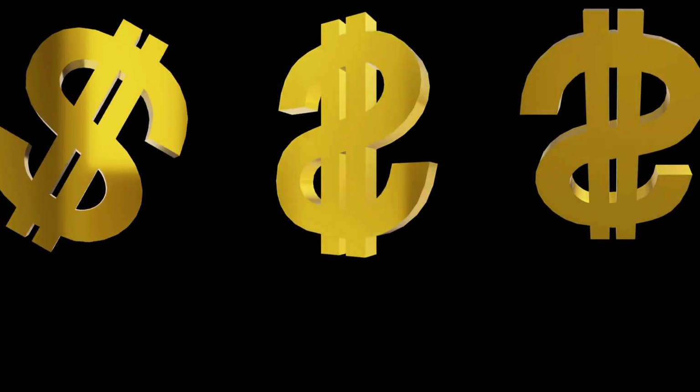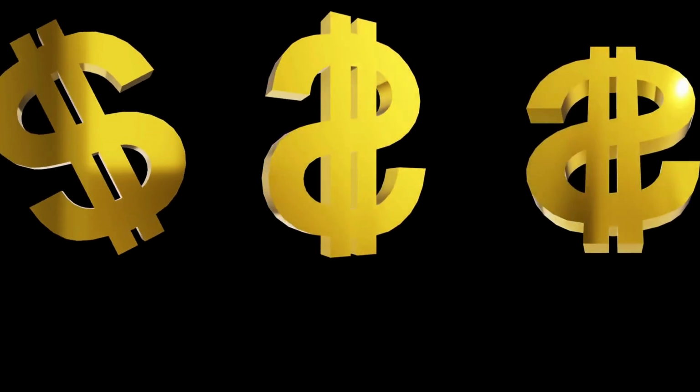Major currency pairs. Let's start with the majors, the kingpins of Forex. Major currency pairs always include the US dollar, USD, on one side. Why? Because the USD is the world's reserve currency and the most traded currency on the planet.